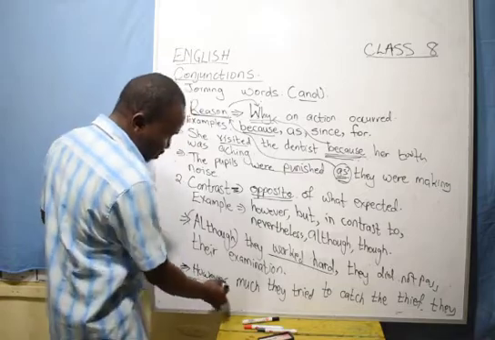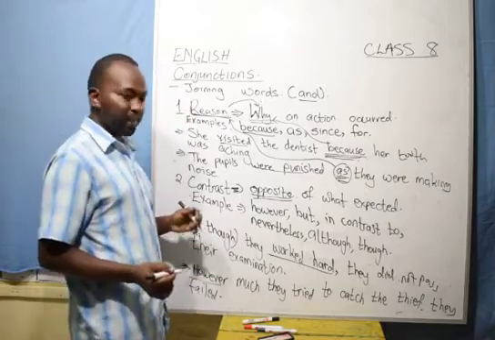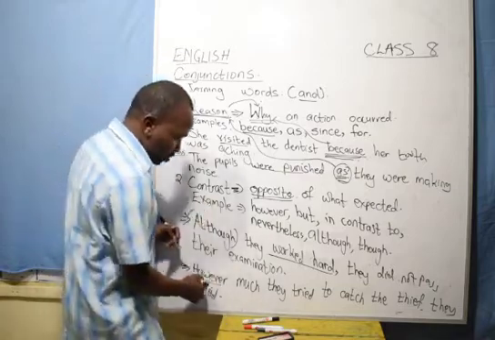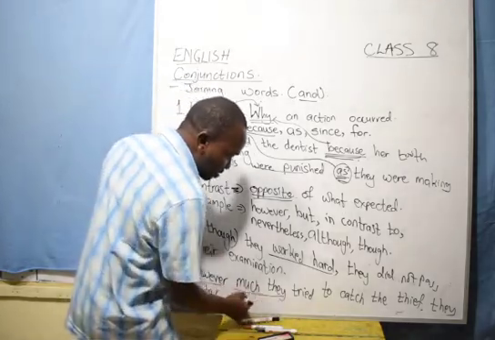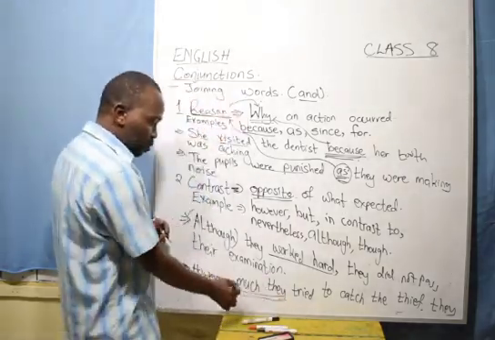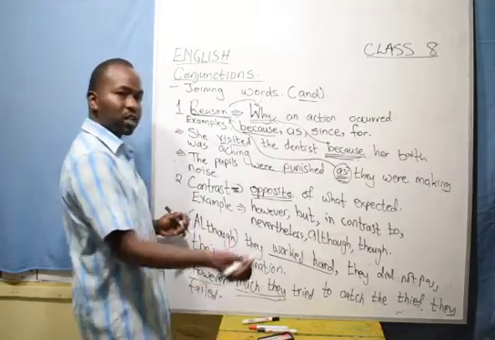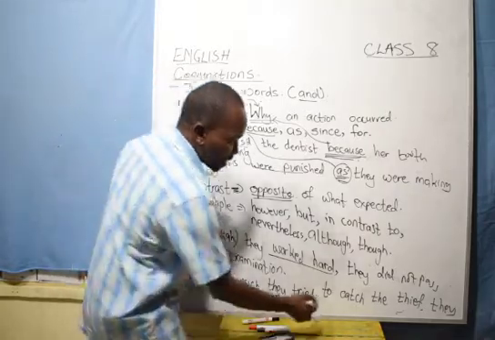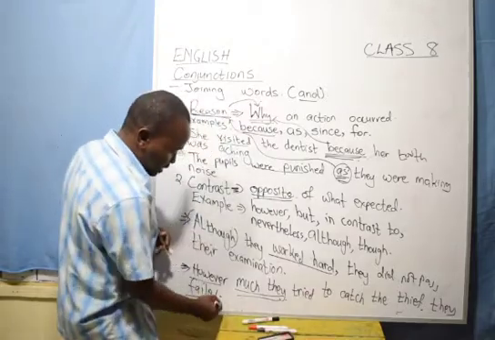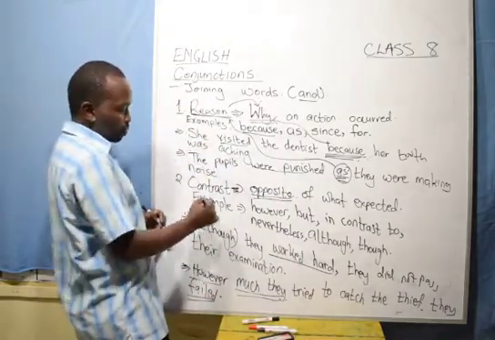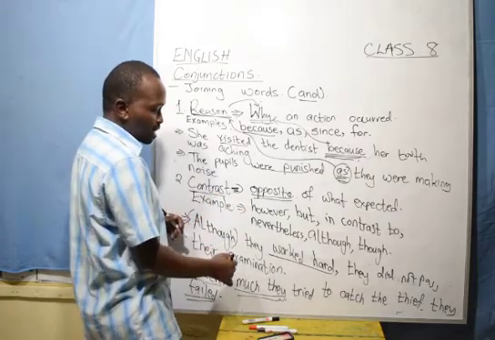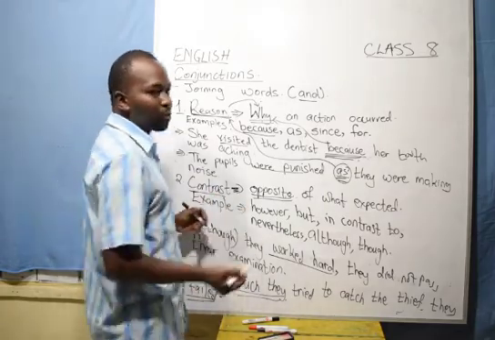However much they tried to catch the thief, they failed. So, however much, they tried very much. You expect somebody who tries something very much to succeed. But these ones, they did not succeed in catching the thief. So, these are examples of conjunctions of contrast and how we use them.